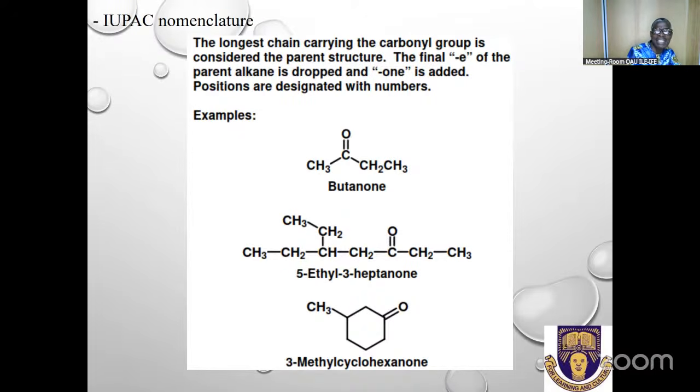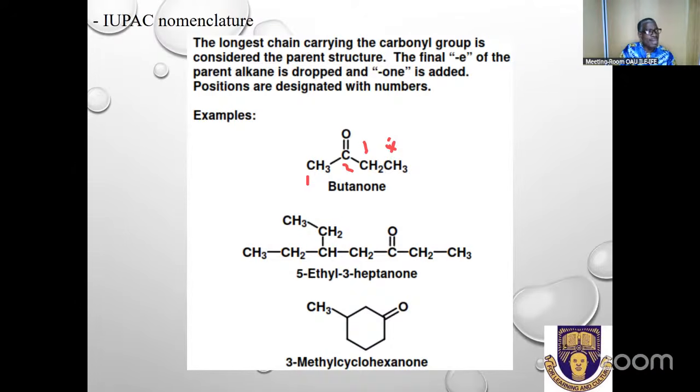If we start numbering from the right, it will be wrong because it will be 1, 2, 3, and the carbonyl will carry number 3. But if we start from the left, we have 1, 2, 3, and 4. That is the correct way.